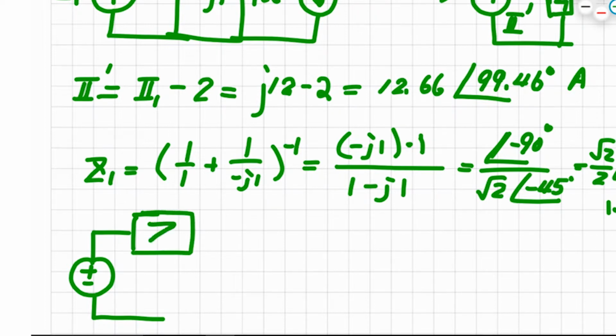So this is our Z1. And that voltage source here, V2, let's call V1. We haven't used V1 yet. And this is the voltage source we wanted to combine.